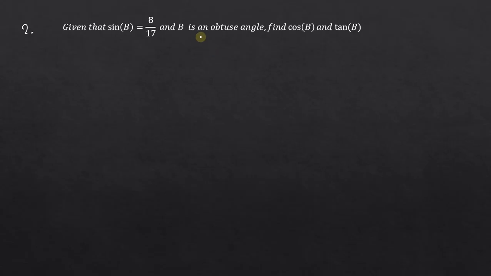You see that this time they are telling you that it is an obtuse angle, and if you are following this course from the beginning, you realize that we've talked about obtuse angles, where we said obtuse angles are greater than 90 degrees and less than 180 degrees. In a similar case, it just means that the angle is between 90 degrees and 180 degrees. That's the same location as the second quadrant, right?